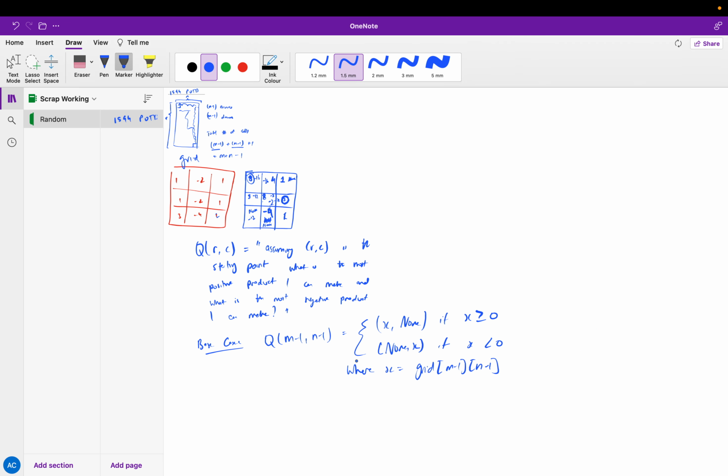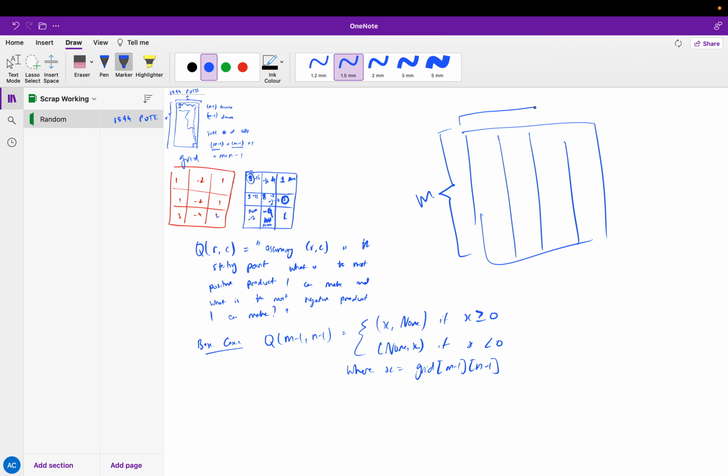So to structure our data, we'll make a DP array, the same size as the original grid, m by n. But in each element, what I would find is a tuple that consists of the most positive and then the most negative.